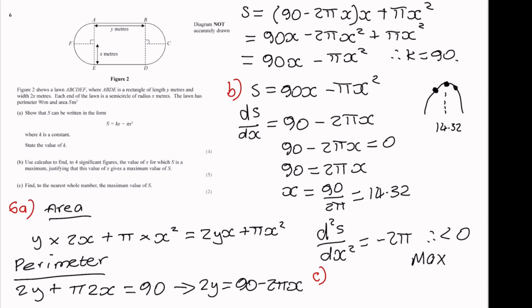So s max is going to be equal to 90 times our value of x minus pi times our x squared, and that gives us a value of 645.